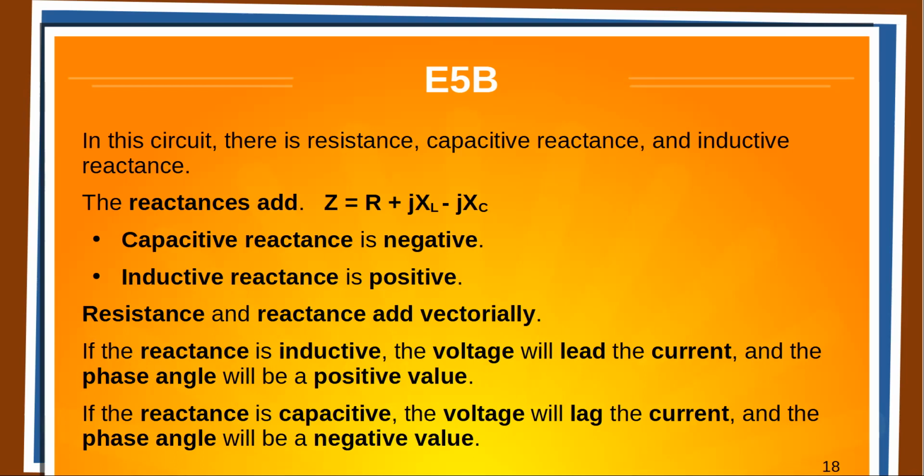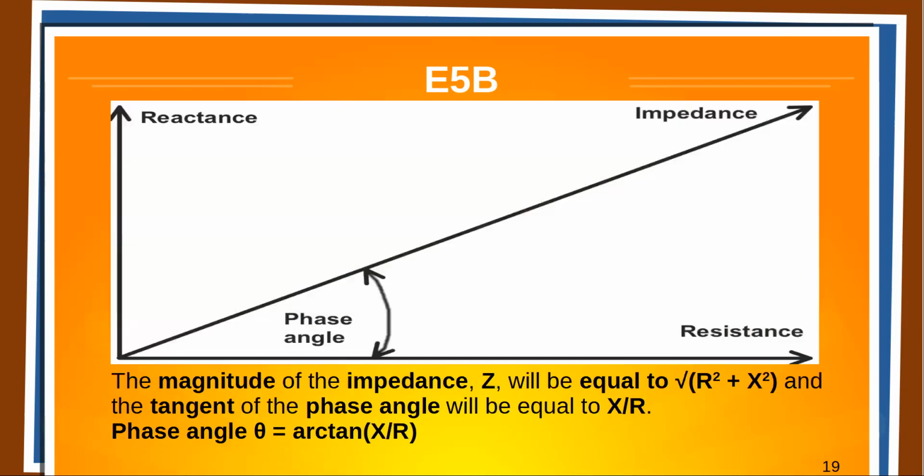We're getting ready to talk about polar plots. Instead of just representing it on rectangular coordinates, we can also represent it as the magnitude, or the length of the impedance part of this triangle, and this phase angle. If it's inductive, we've got a positive phase angle, so it will be in the upper right quadrant.